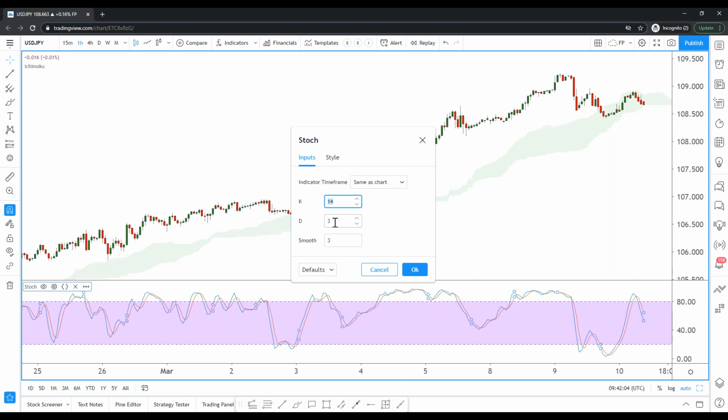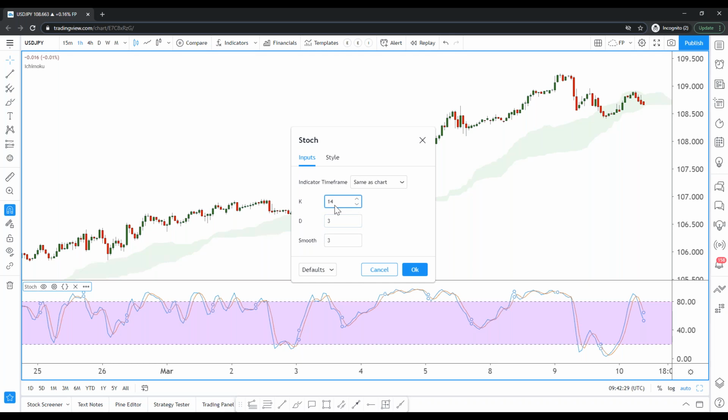So for percentage K in general, the typical period that people use is 14, okay? And D is actually the moving average that is applied onto percentage K. For percentage D, we usually take 3.